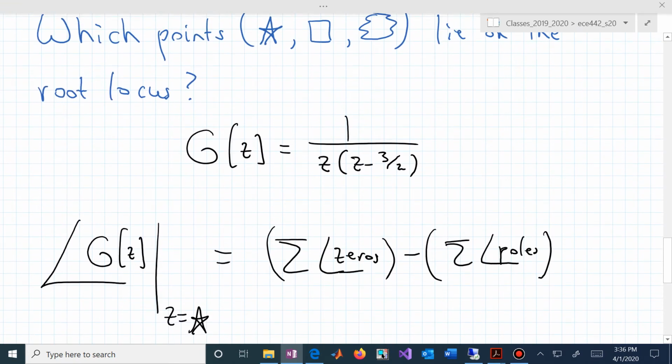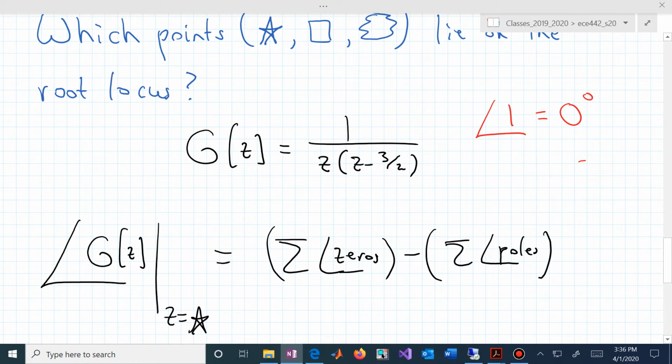Well, the angle of g of z is going to be the sum of the angles of our numerator. We would look at what's up here. In this case, it's just a constant, so we're really saying what's the angle of 1, and that's 0 degrees. That 1 could be written as 1 at 0 degrees, and we're saying what's the angle of that? Well, that's now just 0 degrees.